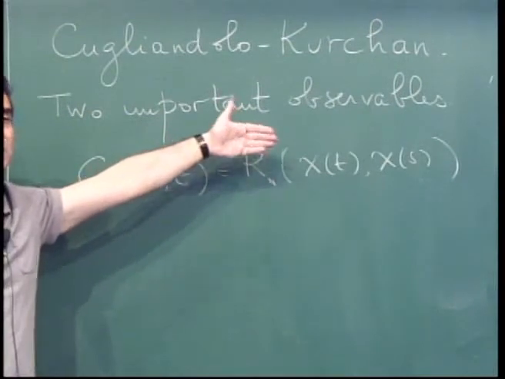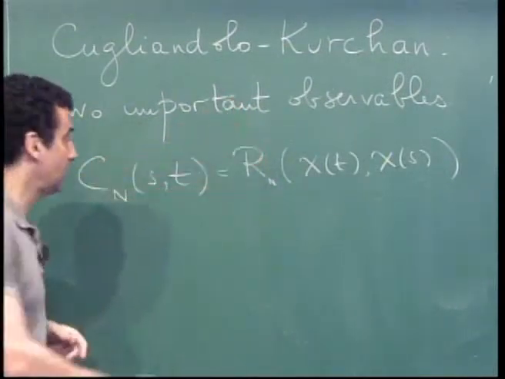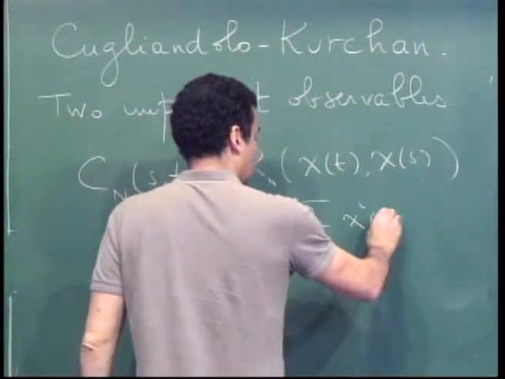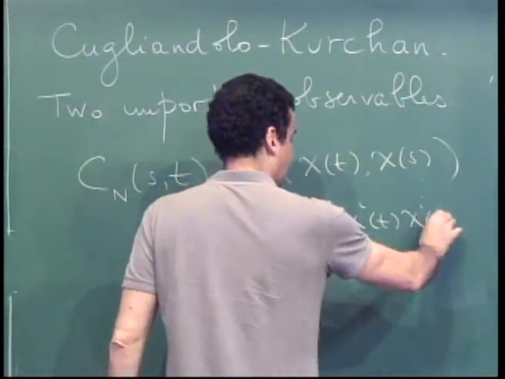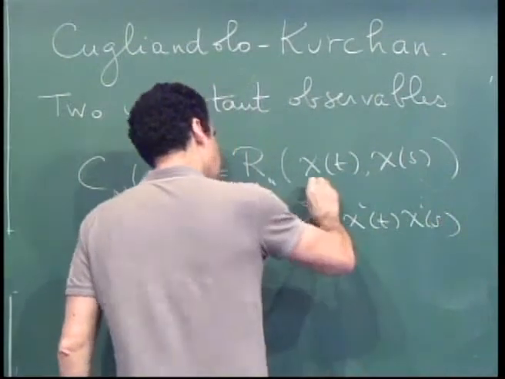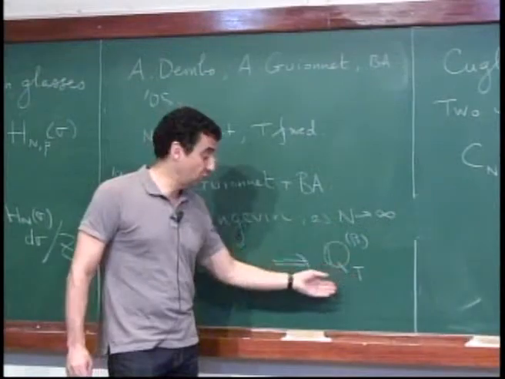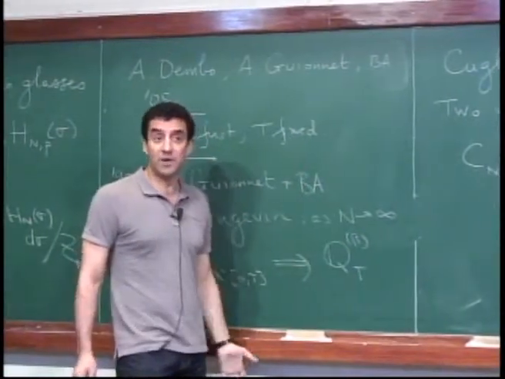I could also look at the distance between these two. So it's simply 1 over n, sum of x_i(t) x_i(s). So it's a very natural object for us. Okay? Now, of course, that's what you want to understand, in fact, really. How does the overlap behave? In this kind of situation, the overlap is a contraction of this. If you understood this thing well, you would understand the limit law of the overlap.